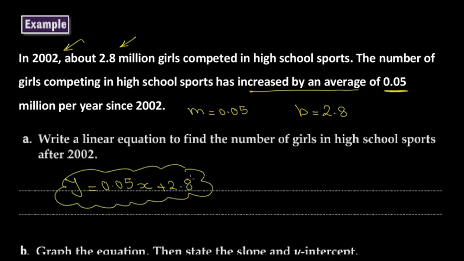You find the slope as the average rate of change, and you find the y-intercept as the starting point, or the initial value. You start with 2.8 million girls, so the y-intercept will be 2.8, and the rate of change will be 0.05. So the equation now will be y equals 0.05x plus 2.8.